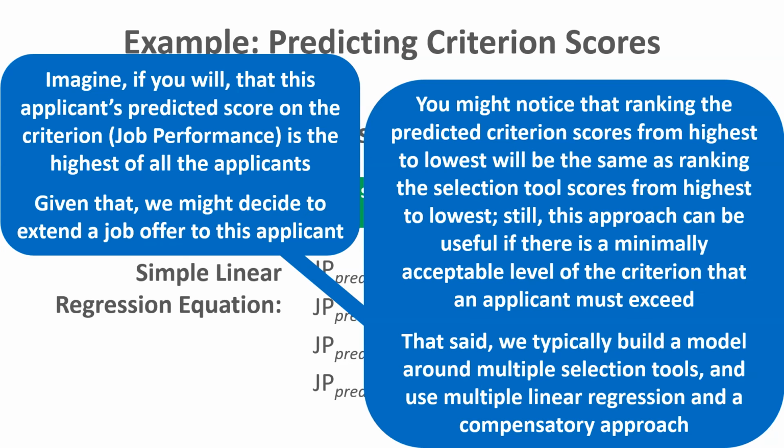Now, you might notice that ranking the predicted criterion scores from highest to lowest will be the same as ranking the selection tool scores from highest to lowest when you have a simple linear regression model with just one predictor variable and one outcome variable. Now, this approach can still be useful, though, if there is a situation where there is a minimally acceptable level of the criterion that an applicant must exceed.